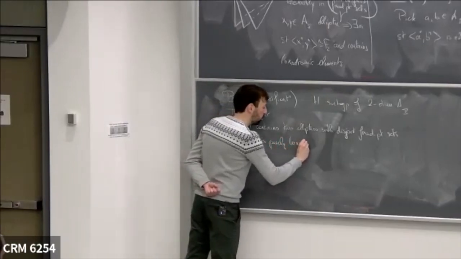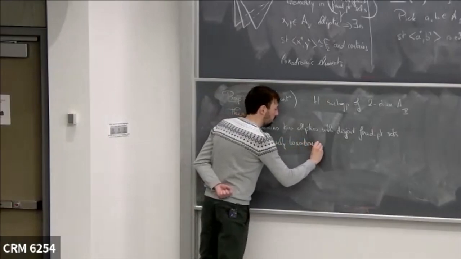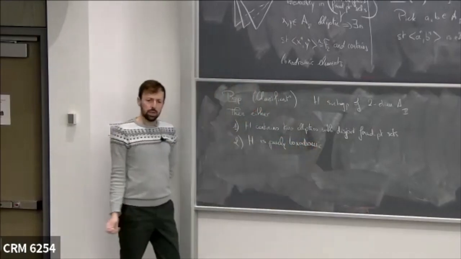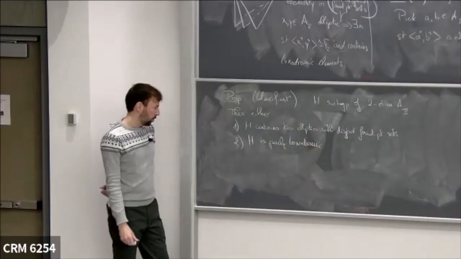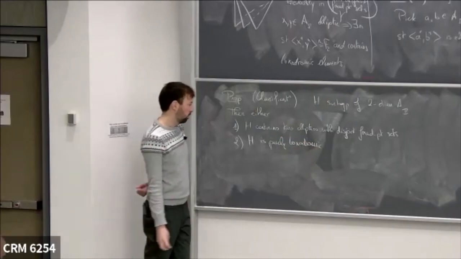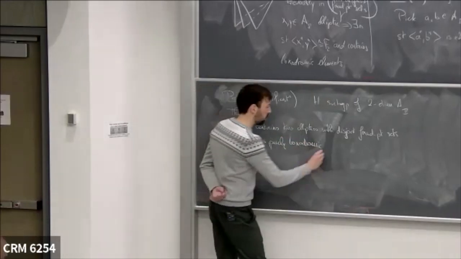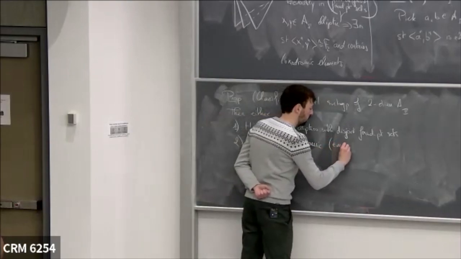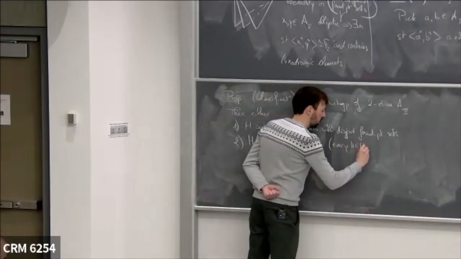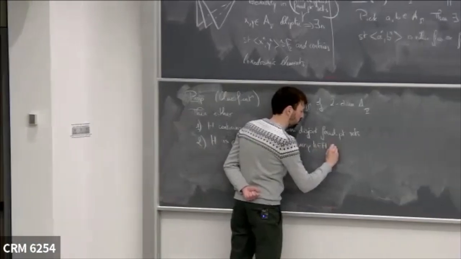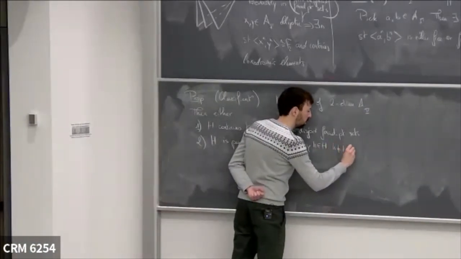So every non-trivial element is going to act loxodromically, which I guess is equivalent in that case to H acting freely, since the group is torsion free. So every element in H different from the identity is loxodromic.